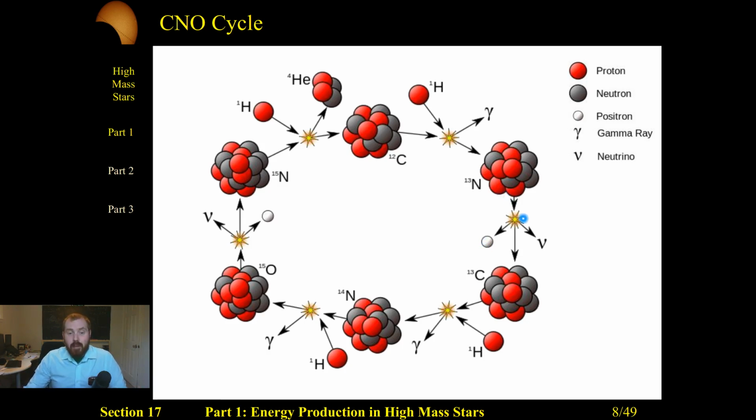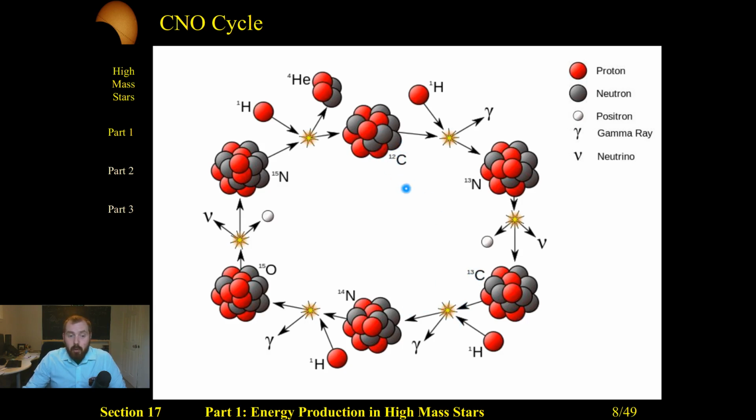When this nitrogen does spit out that positron and neutrino, it's back to carbon. And oh, look, carbon, it can be hit with hydrogen, photon out, back to nitrogen, only this time, notice the difference. Here we started off with C12. Now we've got ourselves C13.